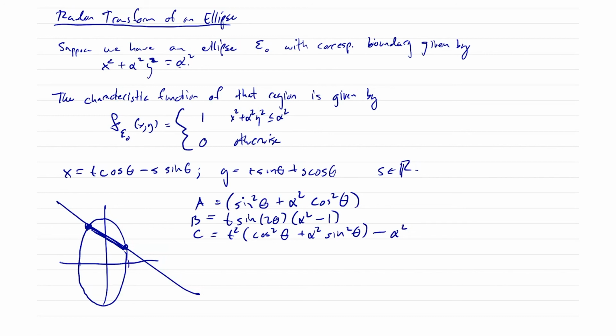This leads to a quadratic equation where we find the intersections of the boundary and the line.